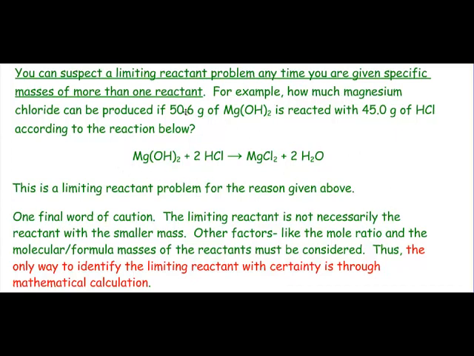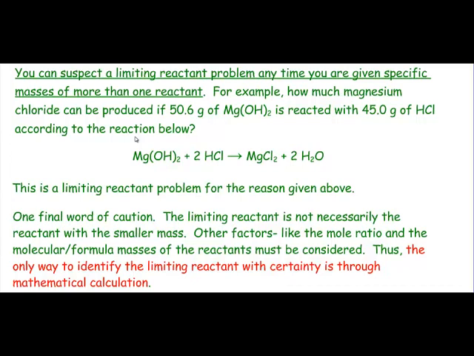We're given specific masses here, 50.6 grams of magnesium hydroxide, 45.0 grams of hydrogen chloride. That is a certain sign that we're dealing with a limiting reactant problem. So be aware, anytime you're told the exact masses of two or more reactants, that's a limiting reactant problem.